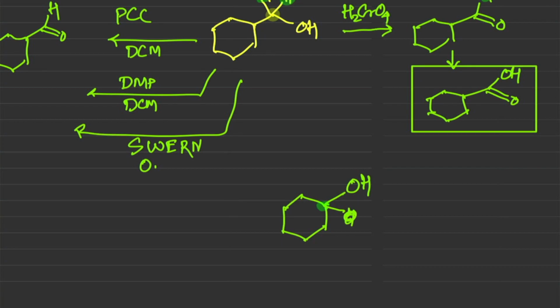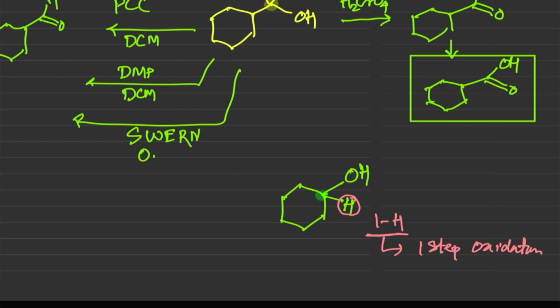One hydrogen. So this one has one hydrogen right there. So this means how many oxidations will this alcohol allow? How many steps? So this alcohol will allow one-step oxidation, no matter what the reagent is.